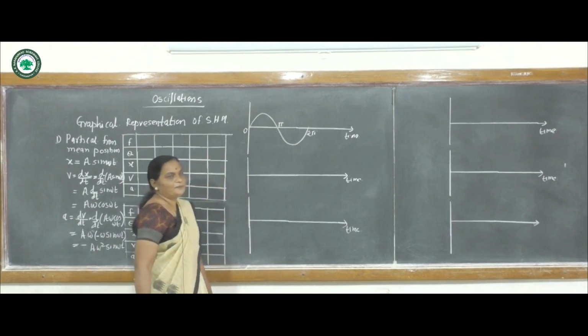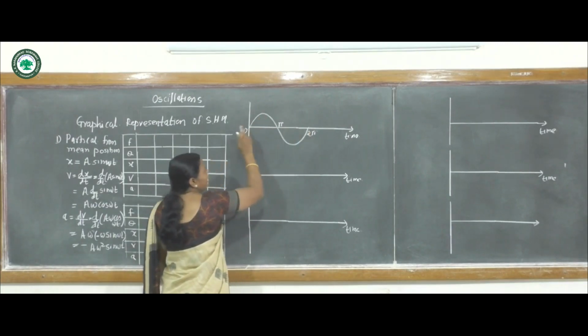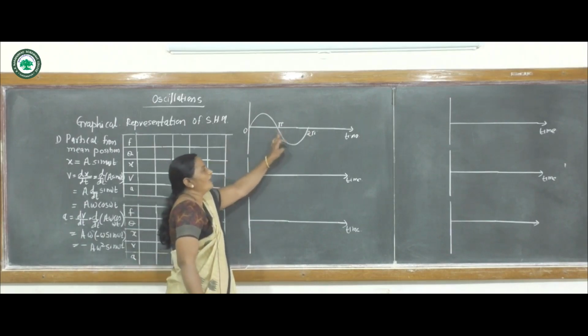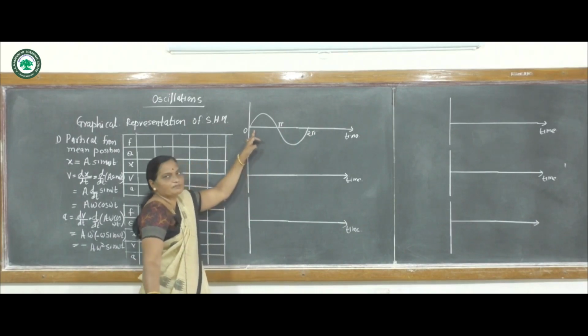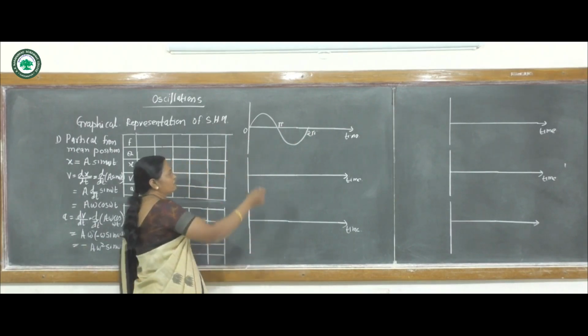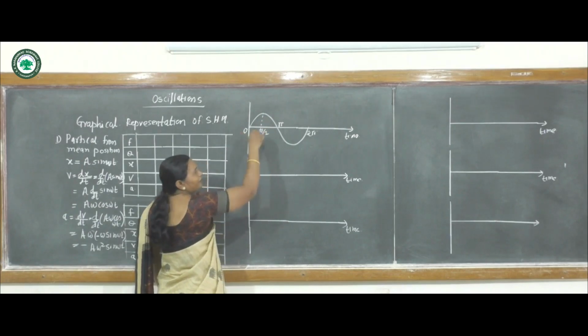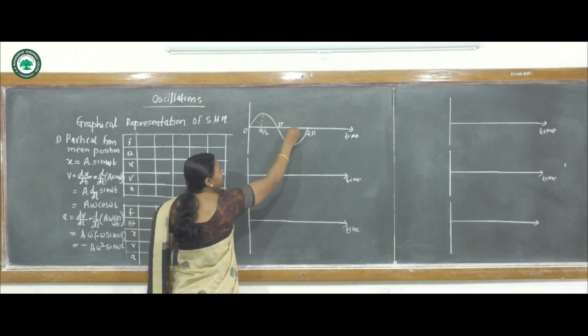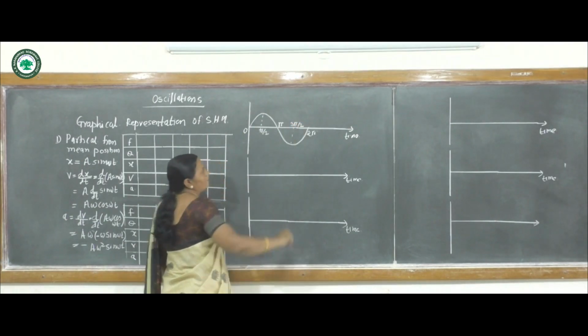This is the mean position, that is at 0, pi, 2 pi, the particle is at mean position, displacement is 0. At pi by 2 the particle is at extreme position, and at 3 pi by 2 it is also at the extreme position.